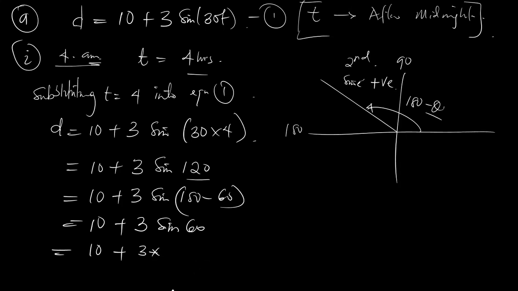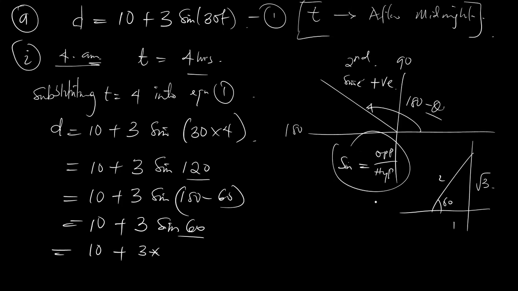So we now have 10 plus 3 times sine 60. Without looking at the log table, we can get our sine 60. For the 60 degree triangle, here is 1, here is 2, here is root 3. Sine of an angle is equal to the opposite over the hypotenuse. This is opposite to this angle, this is the hypotenuse, so you have root 3 over 2.